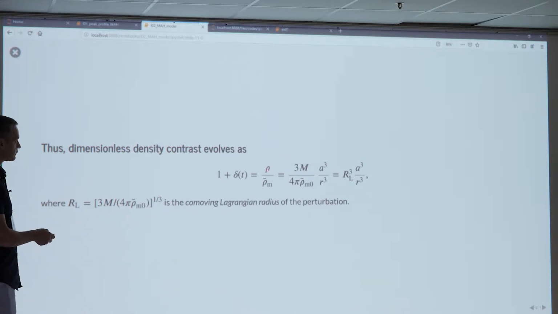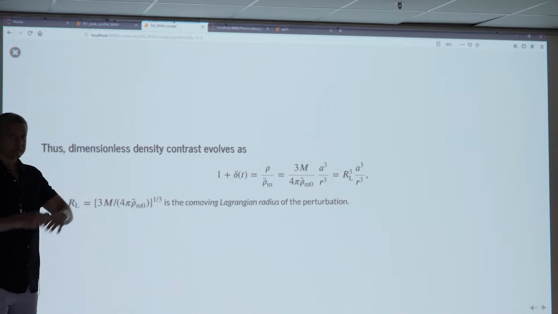The 1 was taken to the left, so I'm taking density from the previous equation, 3m over 4 pi r cubed, and then the evolution of the mean density, which is mean density at redshift 0 divided by a cubed, so a cubed goes there. And so this ratio, which is 1 plus delta, is then proportional to a cubed divided by R cubed, with this quantity that I already introduced yesterday, which in the literature is usually called the comoving Lagrangian radius. It's a scale associated with a perturbation of mass m at some very early epoch.